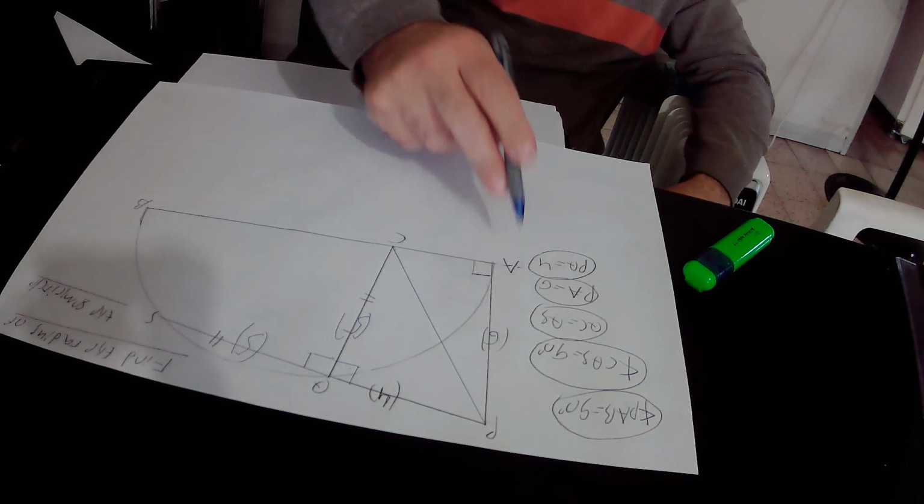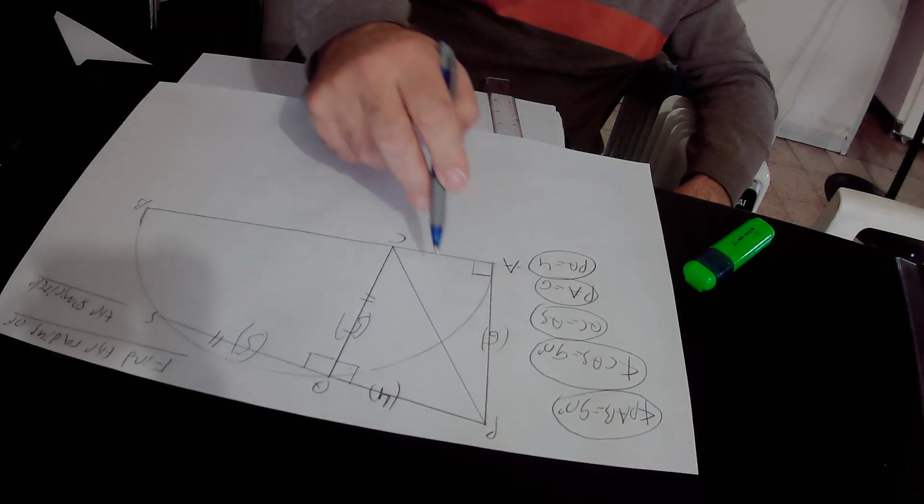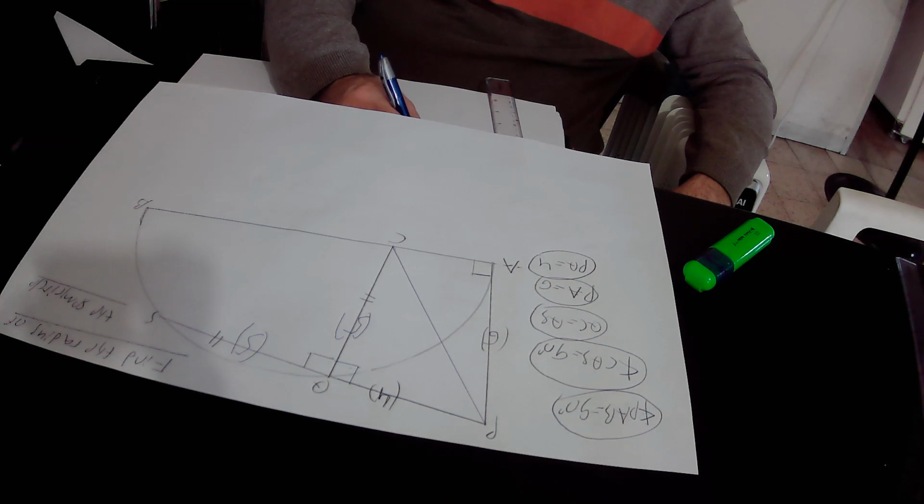PA equals 6 units according to what is given in the question. And we have already found out that PC squared equals 41.